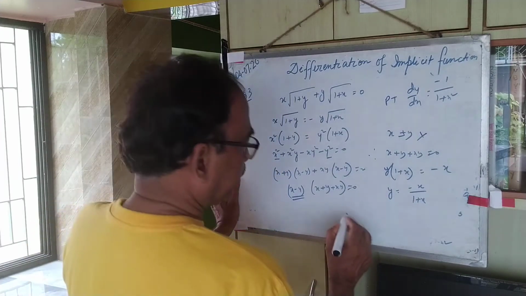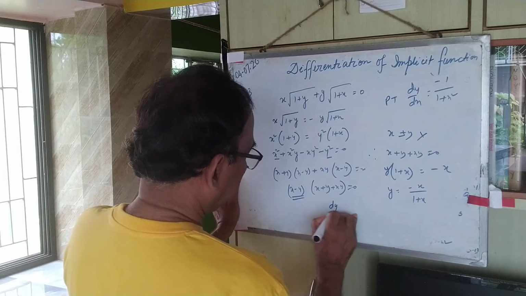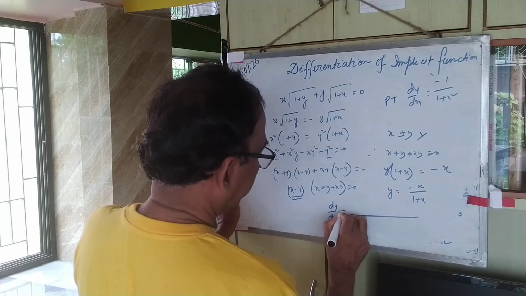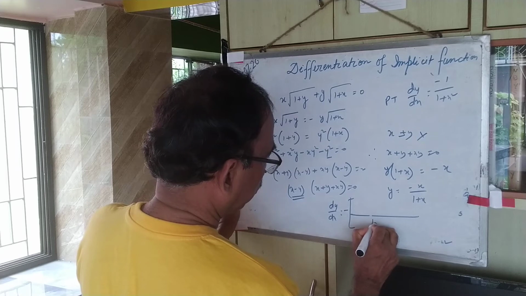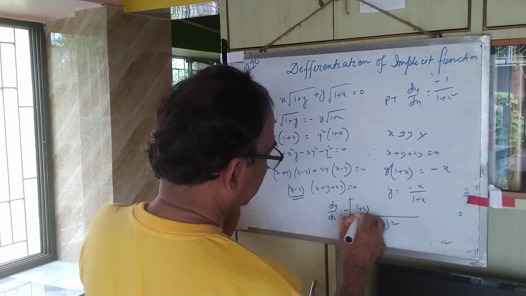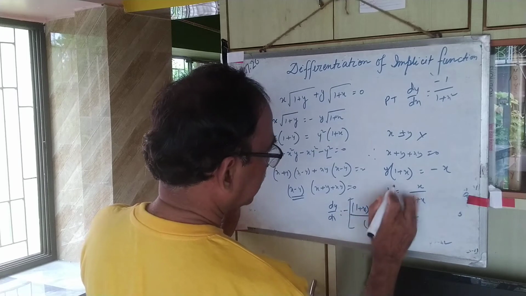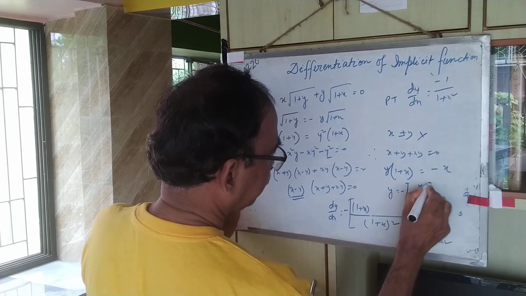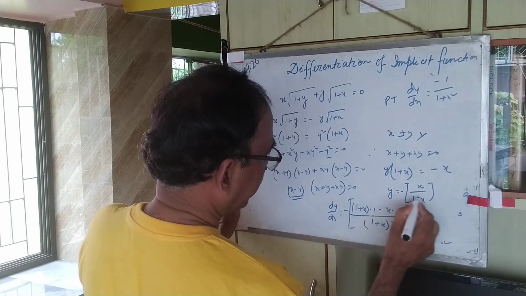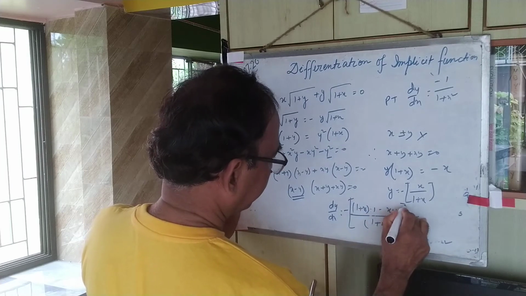Now differentiating this, dy by dx, minus is taken outside, 1 plus x whole square in the denominator, 1 plus x constant, this is minus. x derivative is 1, minus x constant, x derivative is 1.